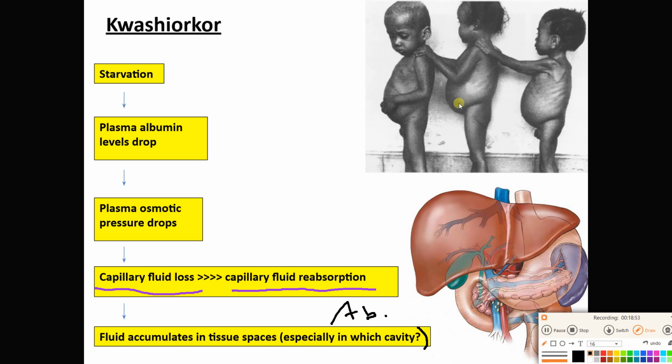And we see it in the abdomen here. There's other things that can do this. People who are chronic alcoholics can get something called ascites. Google that if you want to see that. It is quite an arresting image.